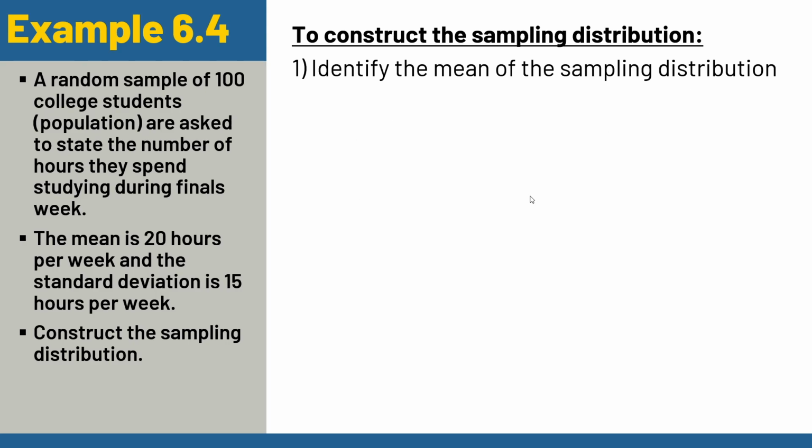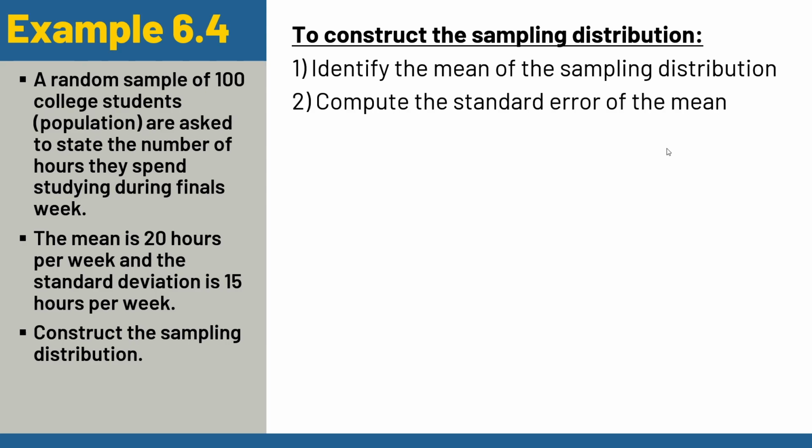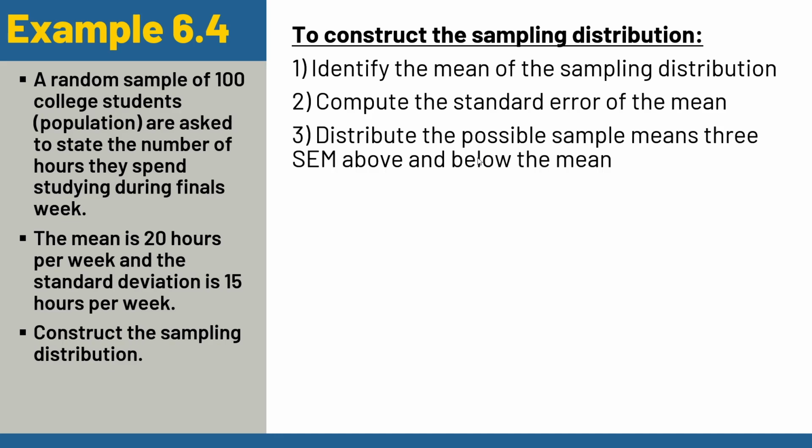First, identify the mean of the sampling distribution. Second is to compute the standard error. And third is to draw the distribution, distributing the possible sample means 3 standard errors above and below the mean. In other words, just draw it out like any other distribution with the mean and the standard deviations, except in this case, the standard deviations represent the standard error.